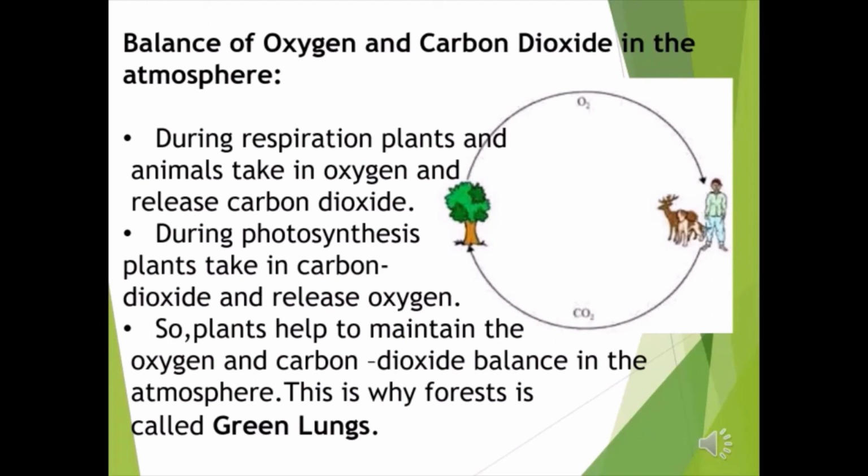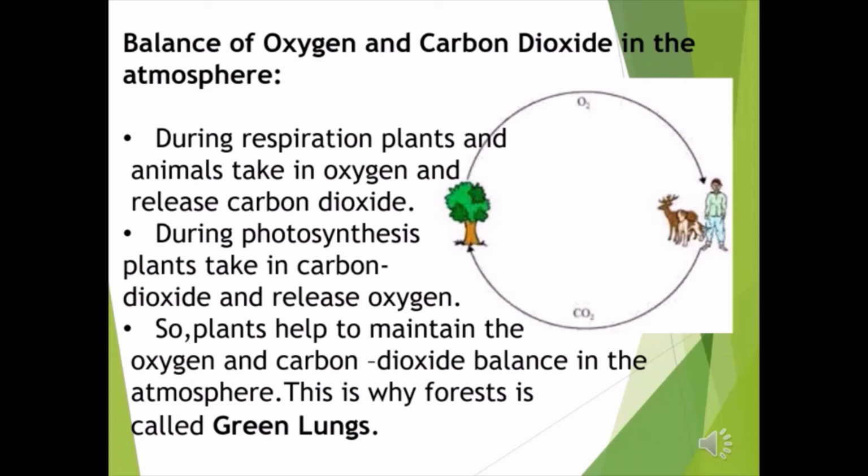Now let us see the balance of oxygen and carbon dioxide in the atmosphere. During respiration, plants and animals take in oxygen and release carbon dioxide. This carbon dioxide that is released during respiration is taken in by the plants during the process of photosynthesis, and they release oxygen.